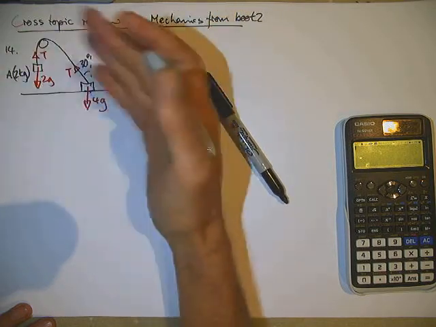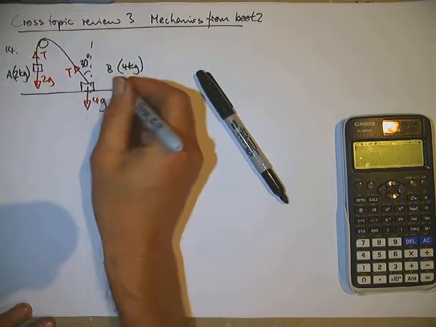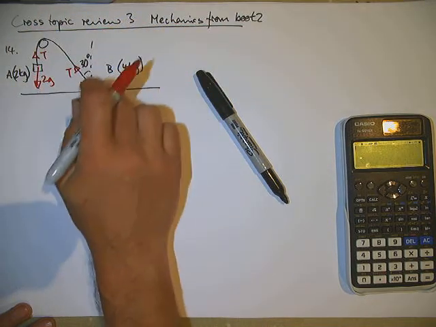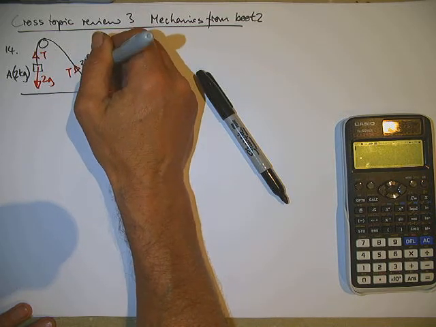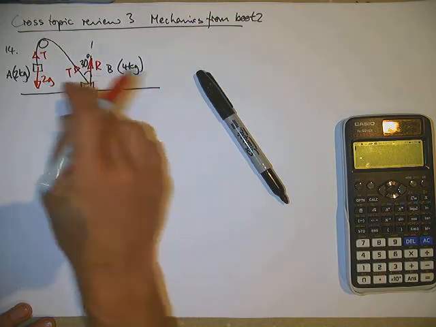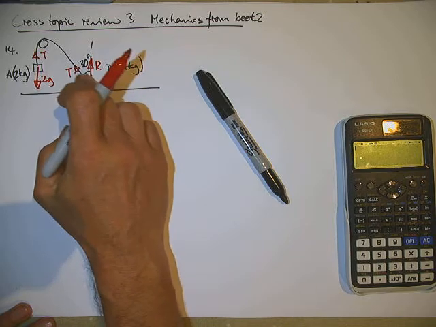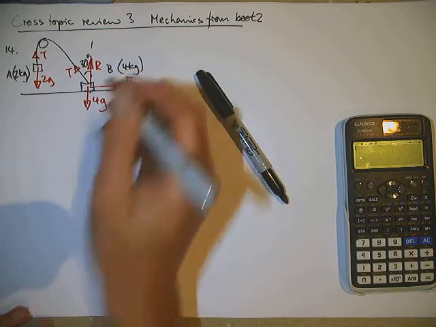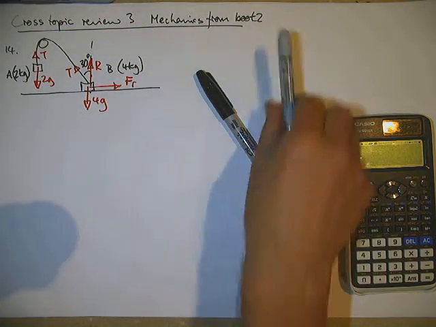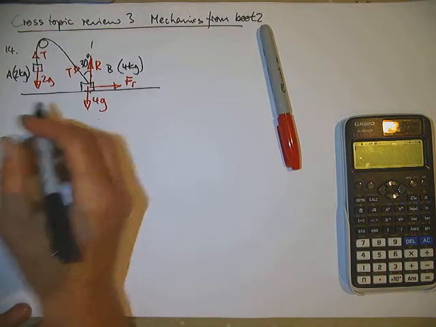So if the question asks why is the tension the same, it's because it's a smooth peg. This was on a surface, so there's definitely a normal reaction. And because the surface is rough and this tension wants to pull it that way, there's a friction acting that way.